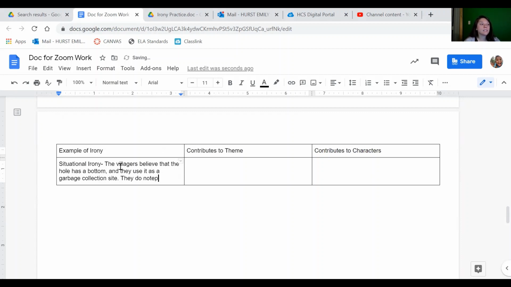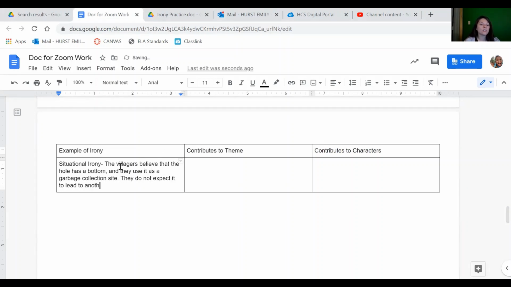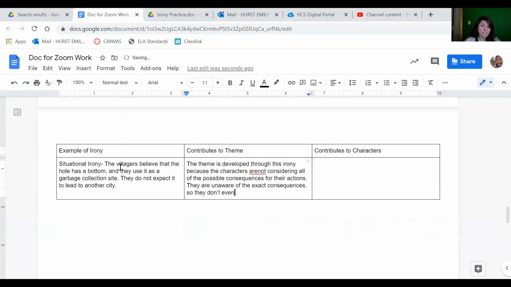They do not expect it to come out in another city. So how does that contribute to theme? The theme is developed through this irony because the characters are not considering all of the possible consequences for their actions. They are unaware of the exact consequences. They don't even consider them.